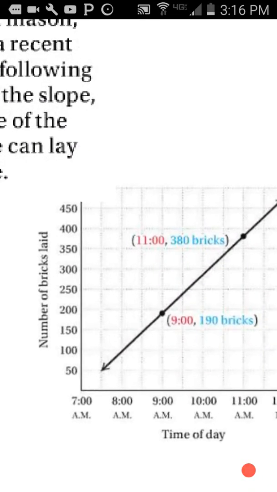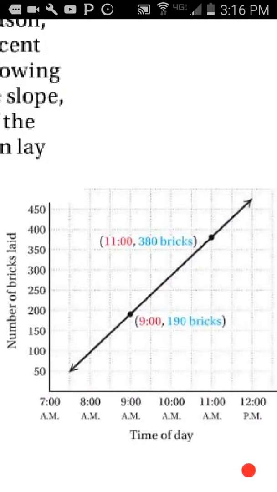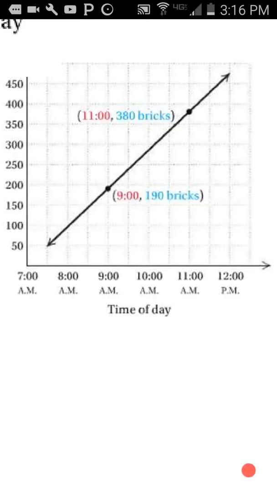Let's look at it. And we are to figure out the rate of change of the number of bricks with respect to time. So at 7 a.m. they make 50 bricks, and at 12 p.m. they've made over 450 bricks, and they give us 2 points there.